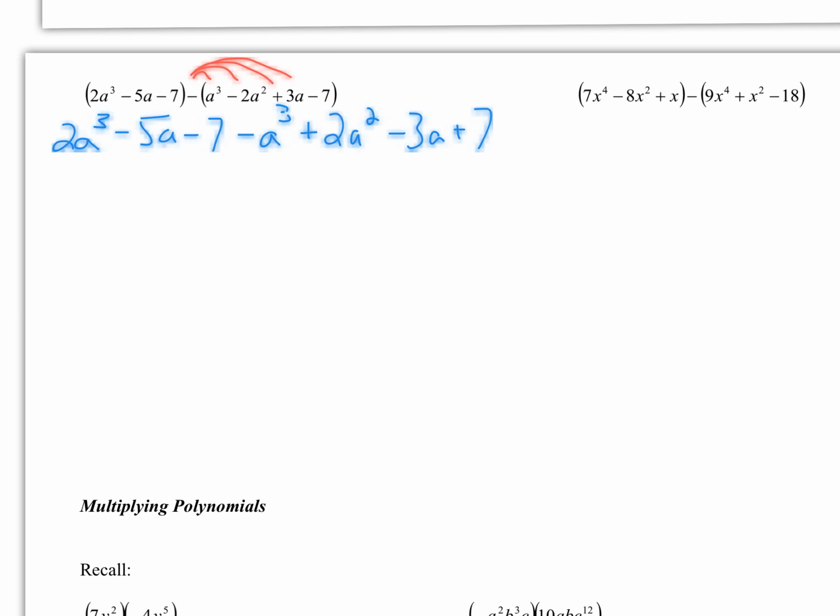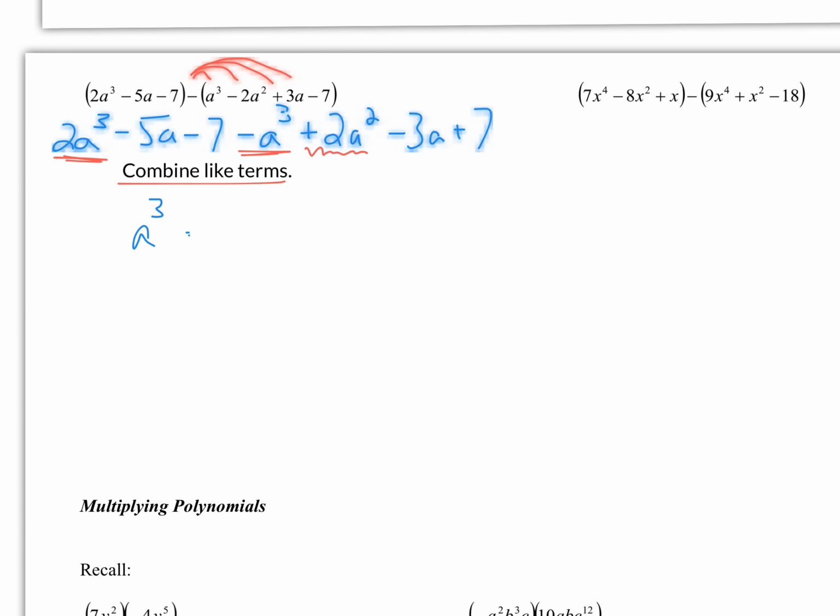After I distribute that negative, I'm going to type this out because my handwriting's horrible right now, combine like terms from here. So I'm going to combine like terms, which means I can take this a cubed and this a cubed to give me 1a cubed. I have 1a squared here, so I'll just put that one down.